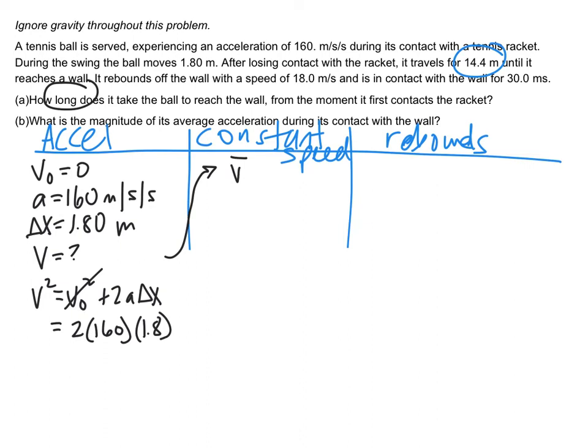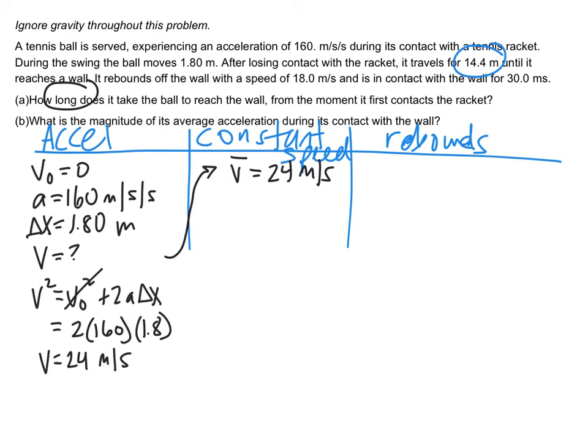And so this velocity that I find here, after I square root, is 24. That's going to become my constant speed, my initial speed that stays constant for the second part of the motion.